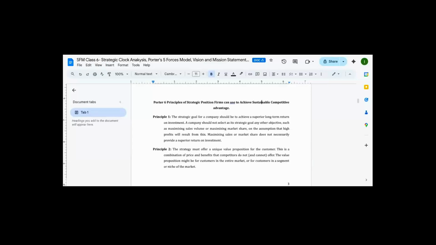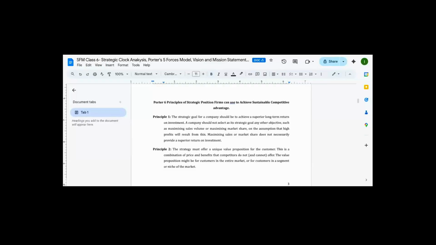He said the first principle that we can use to gain competitive advantage is this: the strategic goal for a company should be to achieve a superior long-term return on investment. That's the first principle.